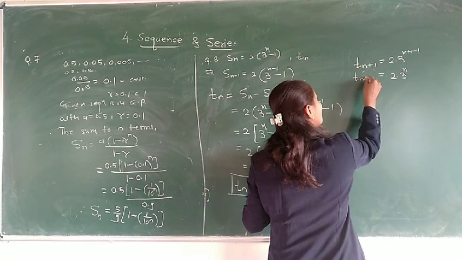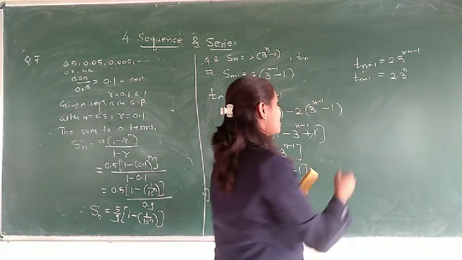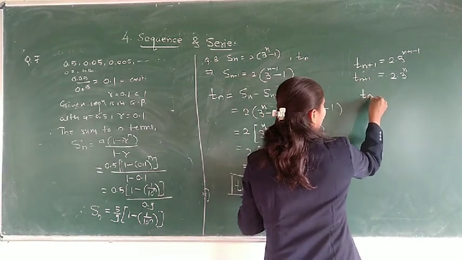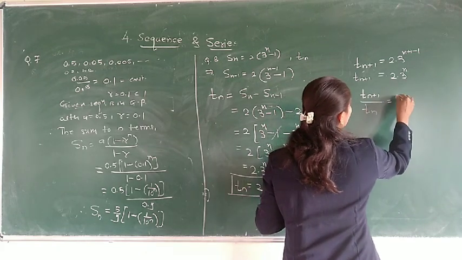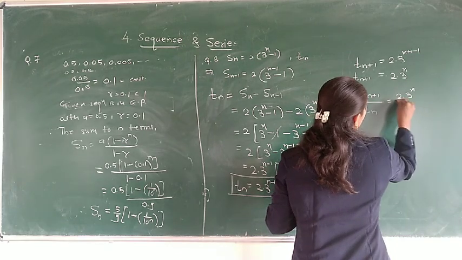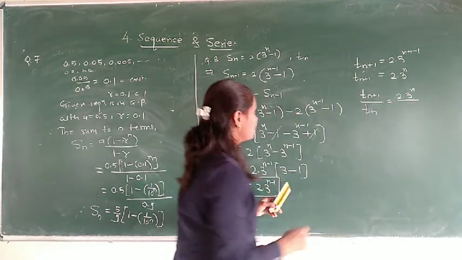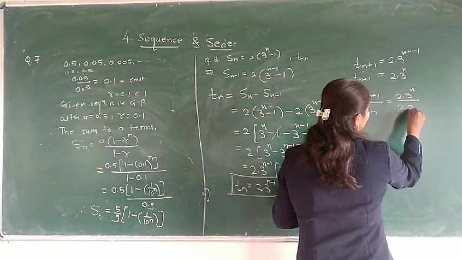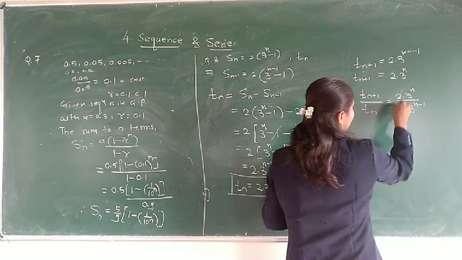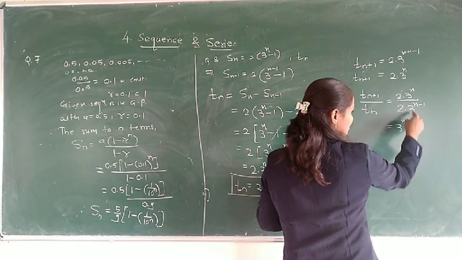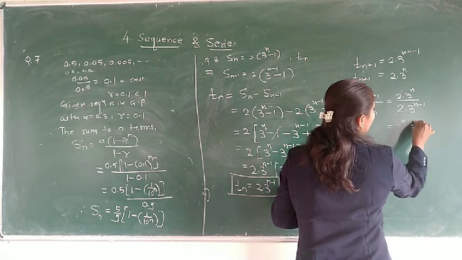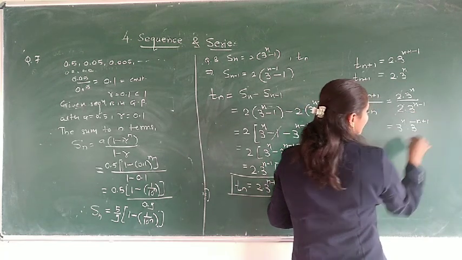This is the value of Tn plus 1, and for GP we take the ratio. Therefore Tn plus 1 upon Tn is equal to 2 into 3 raised to n divided by 2 into 3 raised to n minus 1. The 2s cancel, 3 raised to n stays, and 3 raised to n minus 1 goes to the denominator, giving 3 raised to minus n plus 1.